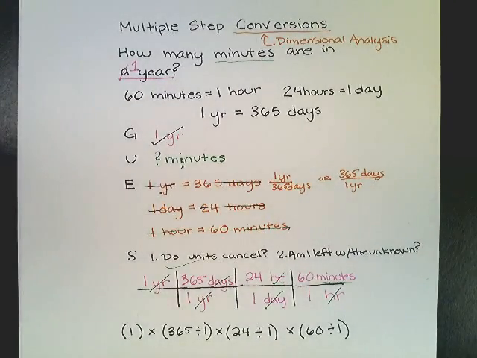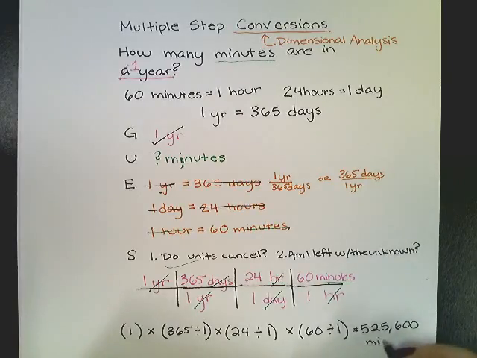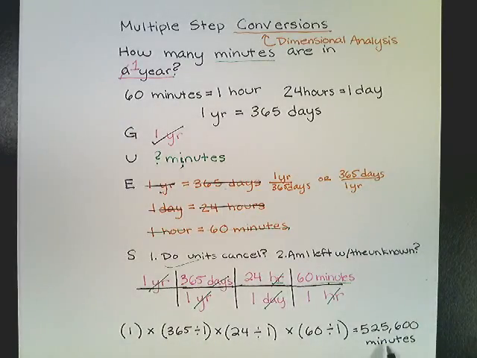So when we put this into our calculator, we could write it a little differently, but we're going to find that in 1 year, which has 365 days, and each day has 24 hours, and each hour has 60 minutes, there are going to be 525,600 minutes. And remember, I know that unit is minutes because that was the unit that was left after all my other units were canceled out.